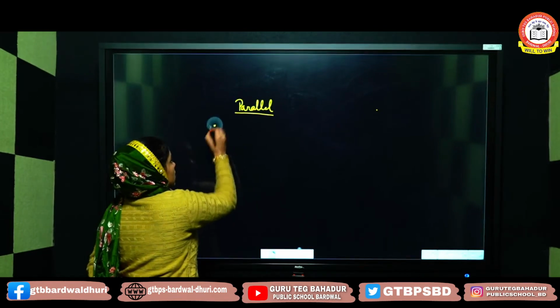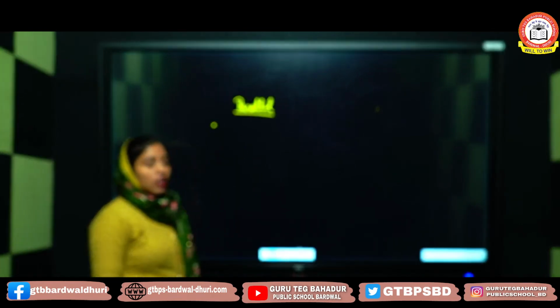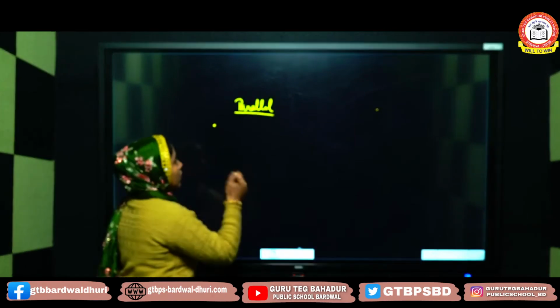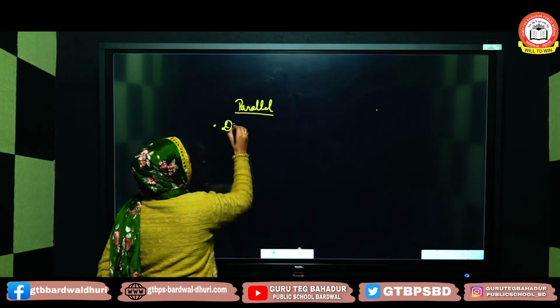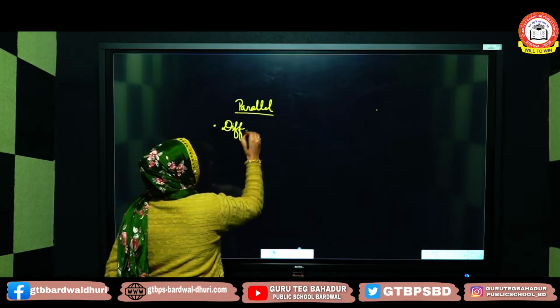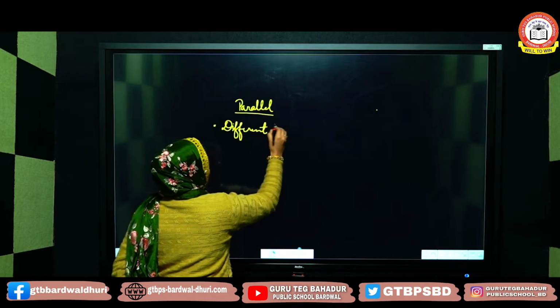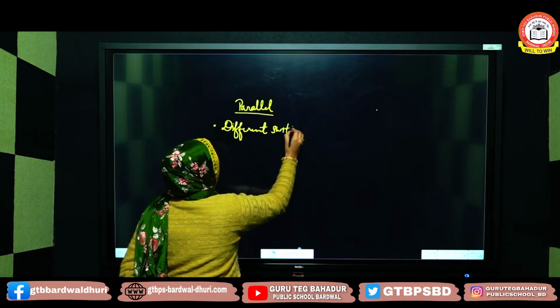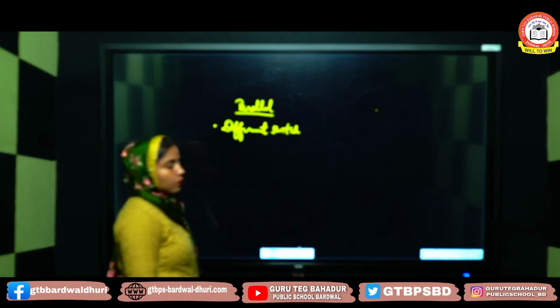And the main characteristics of parallel combination are that firstly all the appliances have different switch. We know that at our houses all the appliances are operated by different switch.